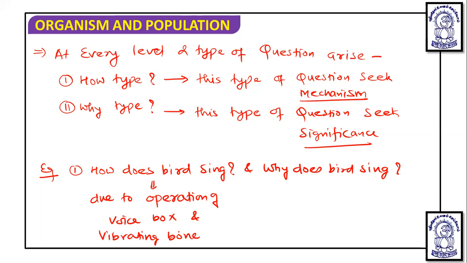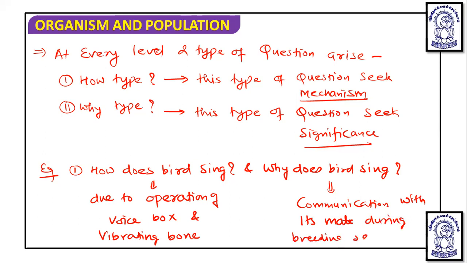The answer to the second question, why does the bird sing, is communication with other birds, to communicate with its mate during the breeding season. So such answers are possible: one seeks a mechanism, another seeks a significance.